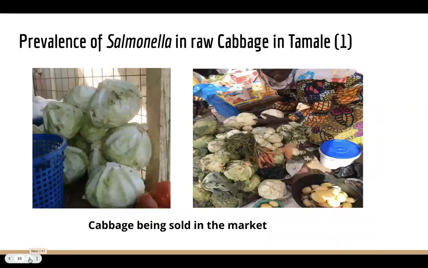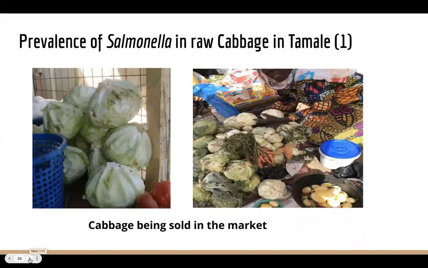Yeah, so we also tried to look at the spread of this salmonella in the food chain through water. We all know that most of our cities now use sewage, especially in urban agriculture, to water some of these vegetables.